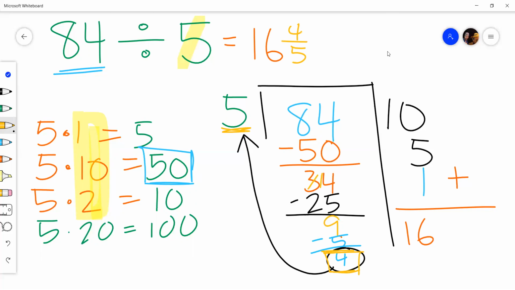That's where we have this mixed number as our remainder. 84 divided by 5 equals 16 wholes, 16 whole parts, boxes, groups, whatever, and 4 out of 5 is left over. Okay, so let's explore that some more, and I'm going to try to model this. The size of the screen might be a challenge, but I'm going to try to model this so that you can actually see what we mean by all of that.